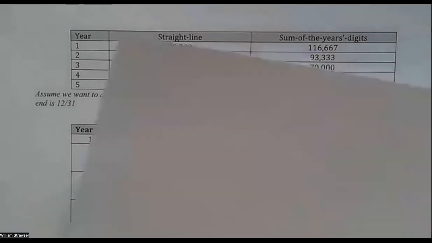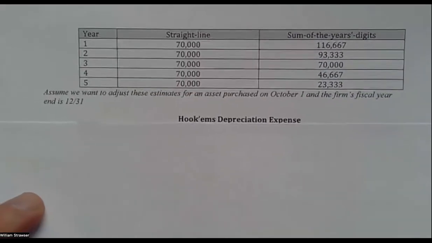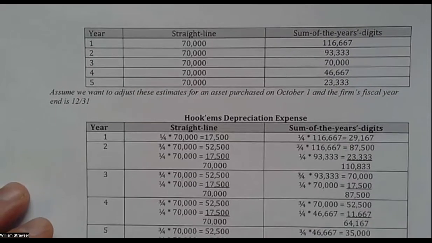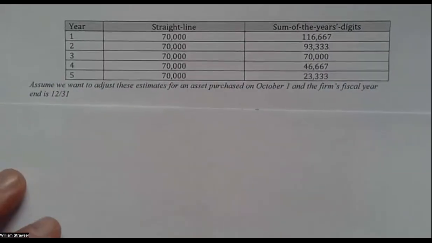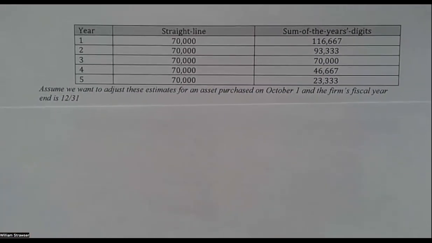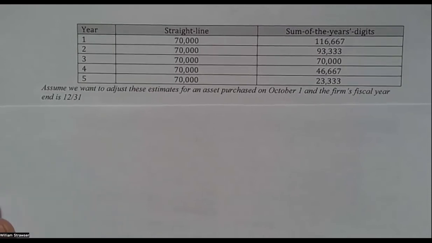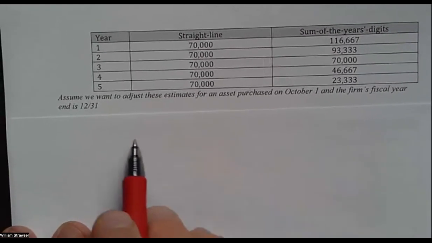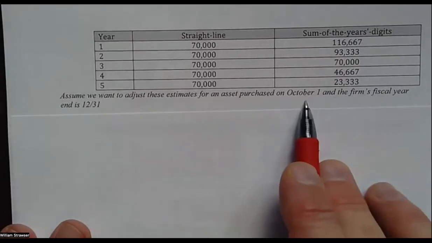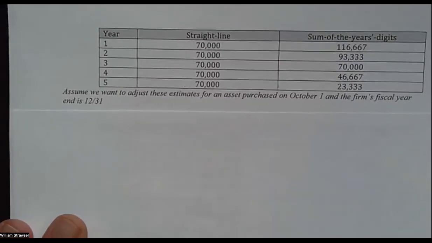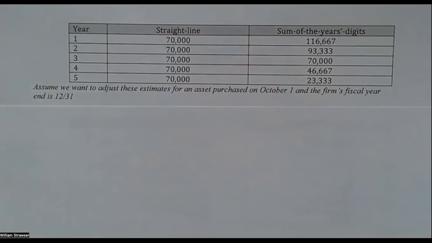So for this particular example, I pulled out, and I believe that these, no, actually they might not. So basically I say that we want to adjust these estimates for an asset purchase on October 1st with the firm's fiscal year end being 12/31.